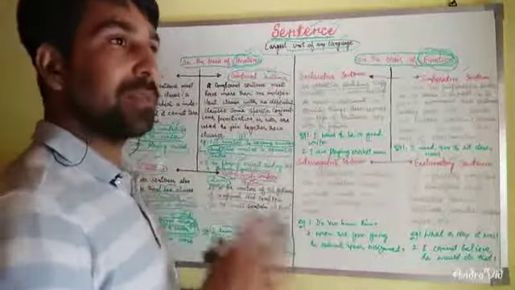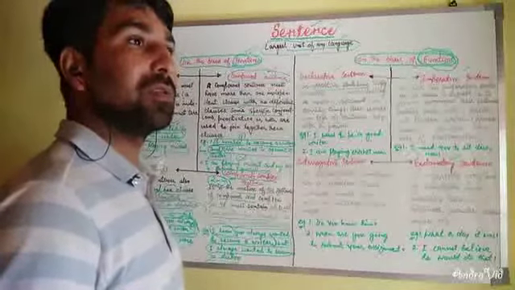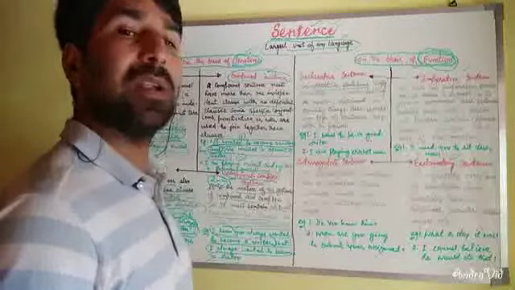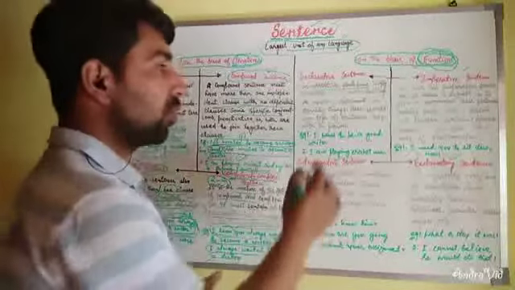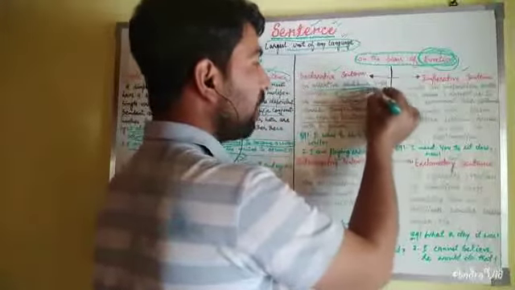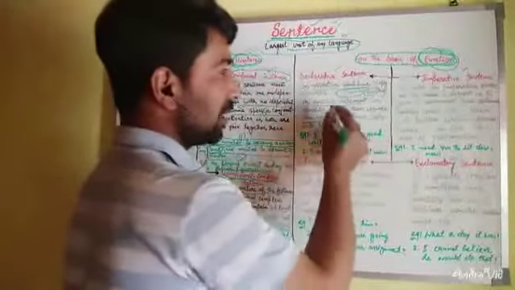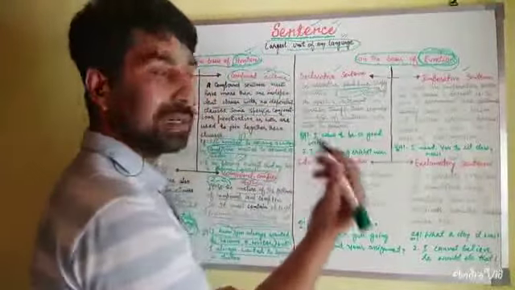A sentence is said to be a sentence only when it has complete sense. So when it has complete sense and is an opinion, a feeling, a statement, or a description, then it is a declarative or assertive sentence.